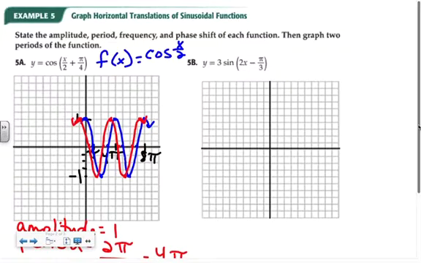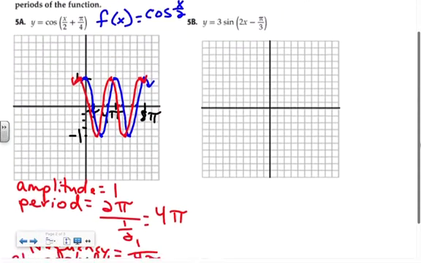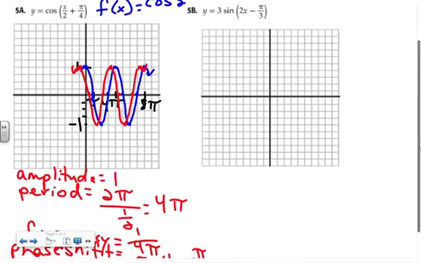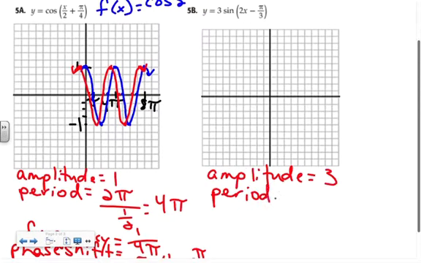For part B, our instructions again are to state the amplitude, period, frequency, and phase shift. This time, notice the A value is 3, so it has an amplitude of 3. The period is 2 pi over 2, which is just 1 pi.